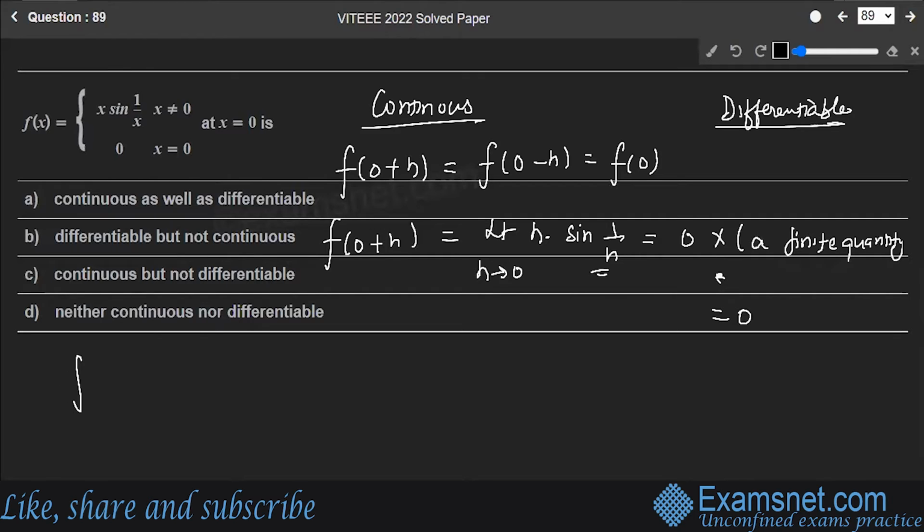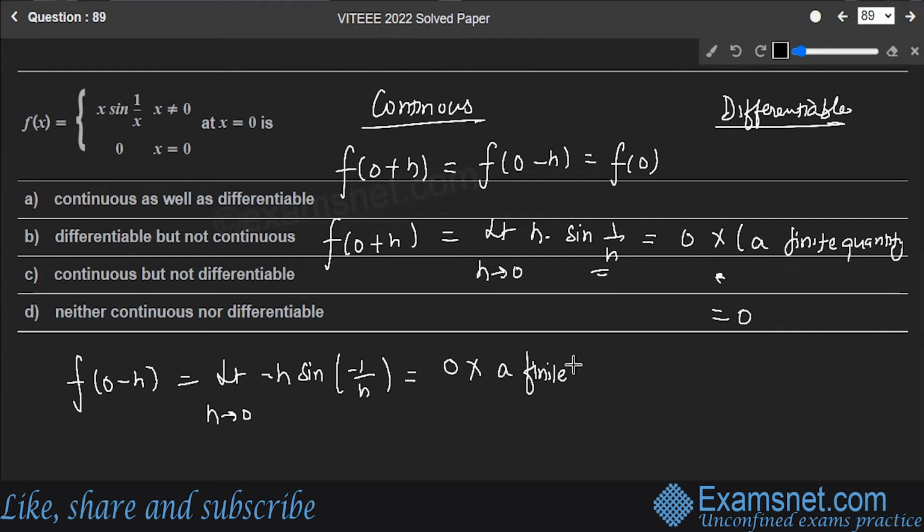Now for f(0 - h), the limit as h approaches 0 of -h sin(-1/h) is equal to 0 times a finite quantity, which again means this is equal to 0.